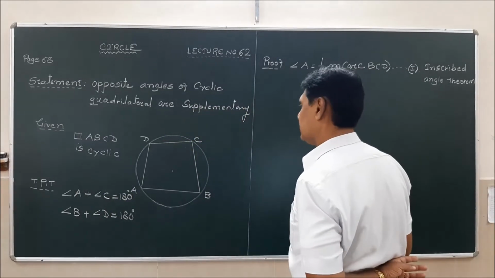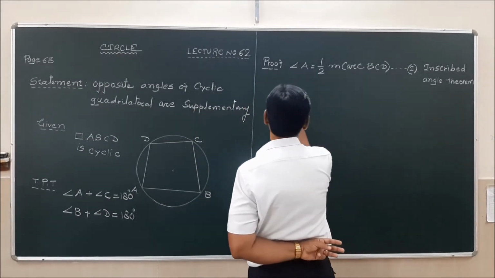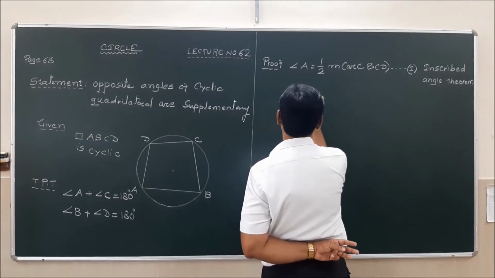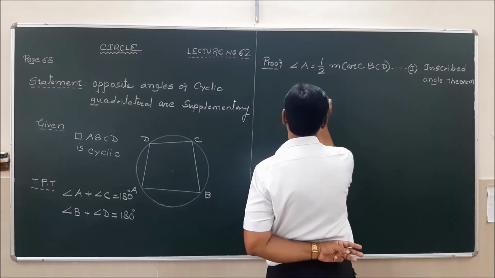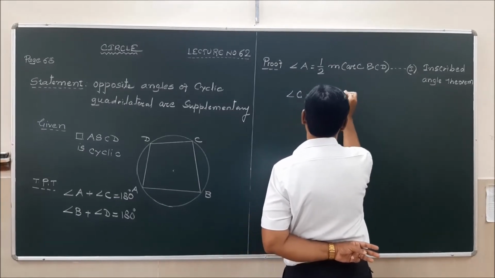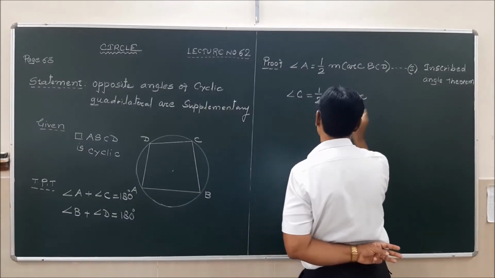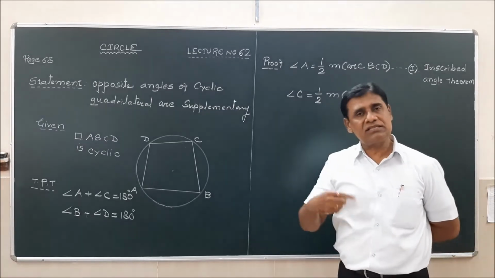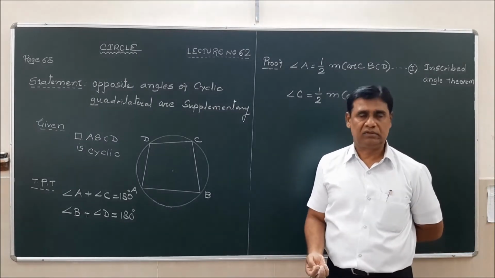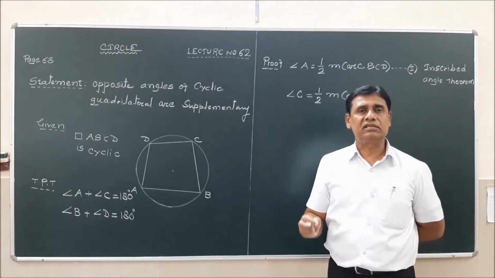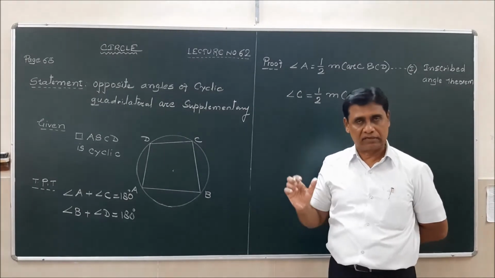So the second one is angle C. Angle C is equal to half measure of arc. Now please see here for angle C. Angle C is also an inscribed angle. Why? Same reason, its vertex is lying on the circle.